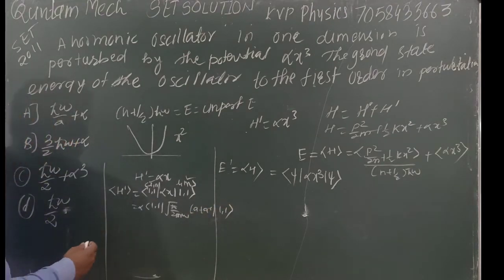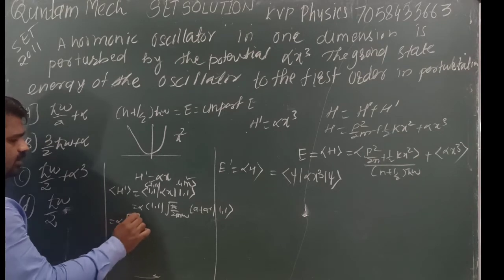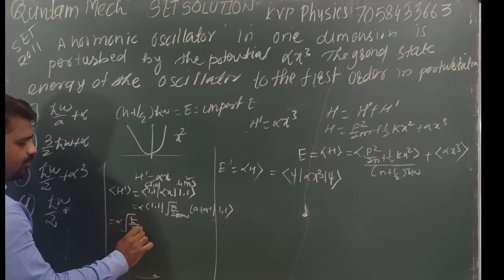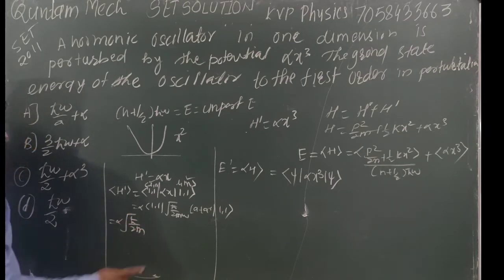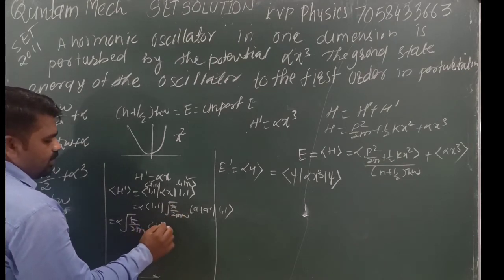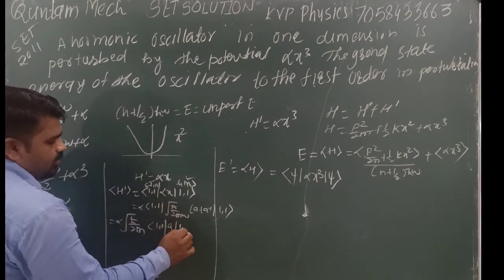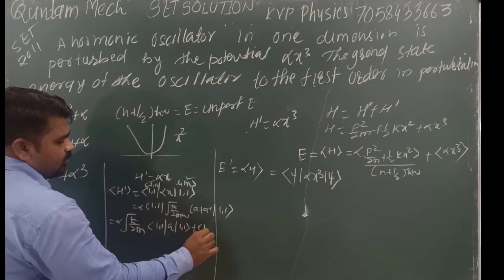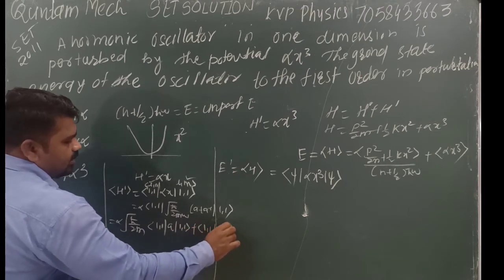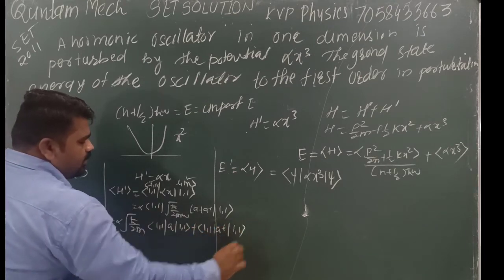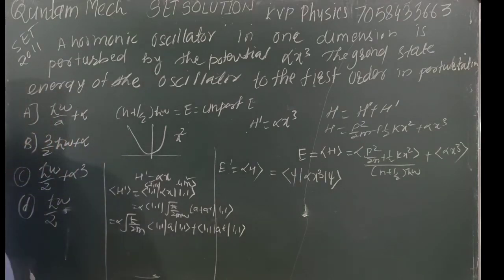Next, under root h cross upon 2m omega we can take common out. Next, 1 comma 1 a 1 comma 1 plus 1 comma 1 a dagger 1 comma 1. Now what is the property?